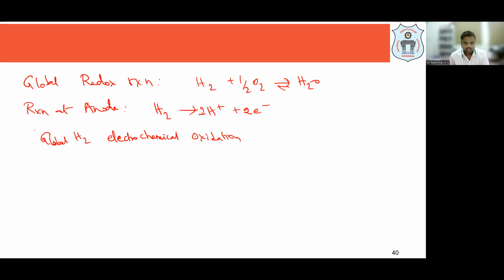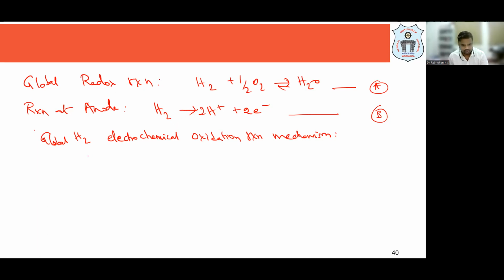Global H2 electrochemical oxidation reaction mechanism is given by, actually remember, even though it is simply written as a single step reaction, this is the overall reaction, the reaction taking place at the anode, right? So this global H2 electrochemical oxidation reaction mechanism is given as a single step here, but in reality it is very unlikely that it will take place in a single step. It's not a single step reaction.